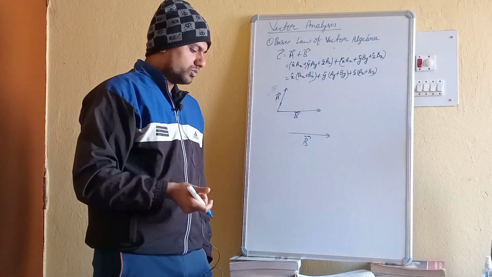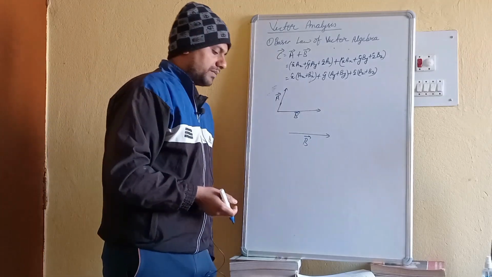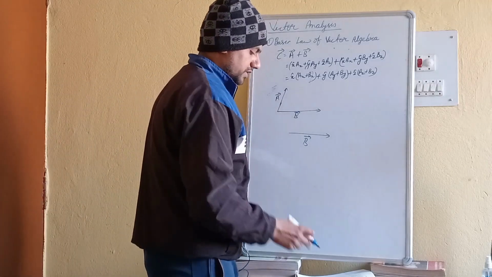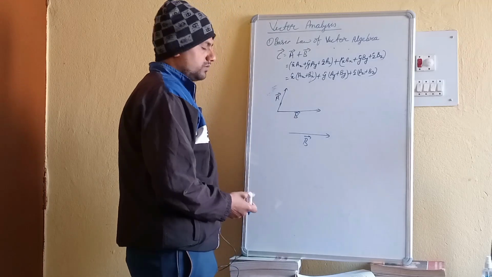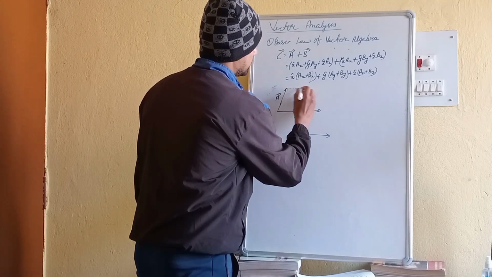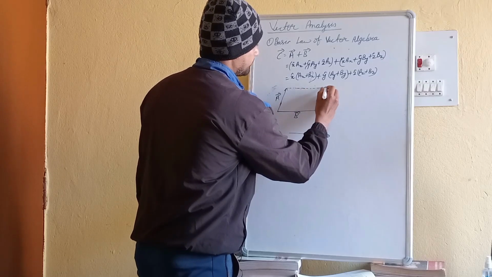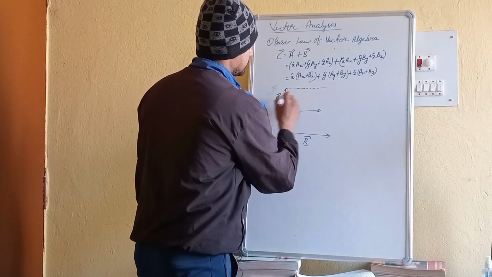Two rules are there. The first rule is the parallelogram rule. For example, here we can draw a parallelogram, with one side parallel to this vector B and another parallel to this one.